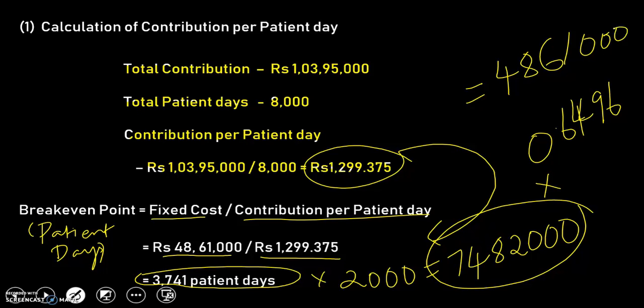This is the contribution. And what is the fixed cost? 48,61,000. So contribution minus fixed cost, your profit is 0, and that's what we call as break-even point. So this break-even point in patient days calculation is also a good attempt, because if this hospital is going to run for 3,741 patient days, and if it earns 2,000, it will have income of 74,82,000, but profit will be 0.